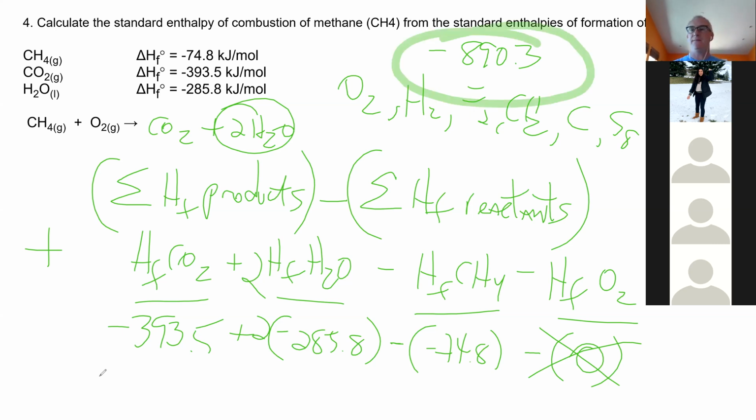You get the same thing, because basically we're doing the same thing as when we're doing Hess's law. All we're doing is breaking apart molecules and forming other molecules. So we're counting all the bonds that are being broken and all the bonds that are being formed, and that's exactly what we're doing here.